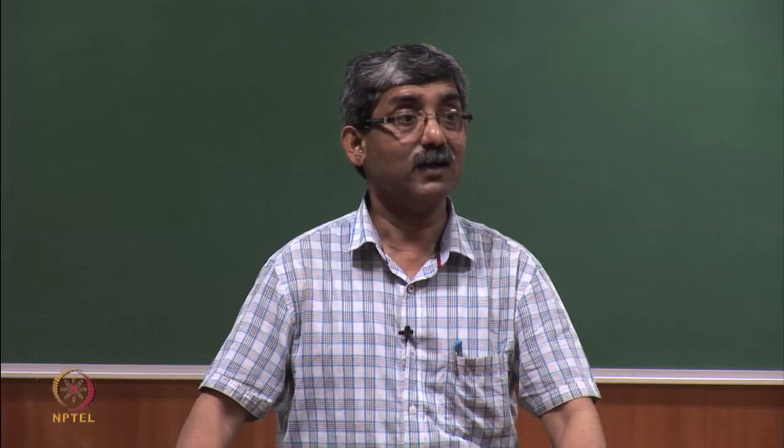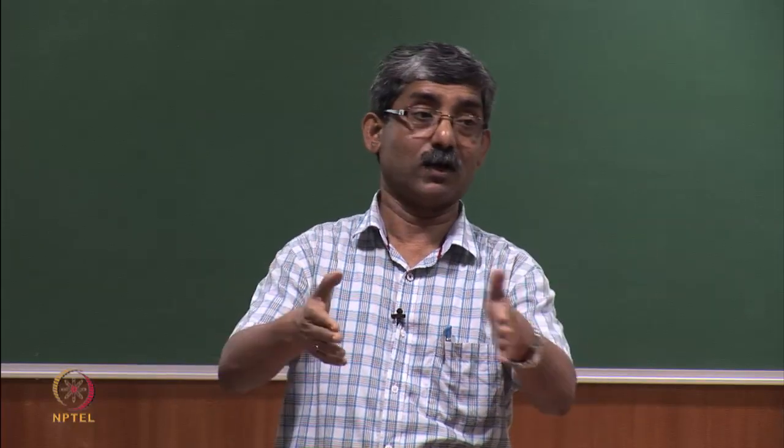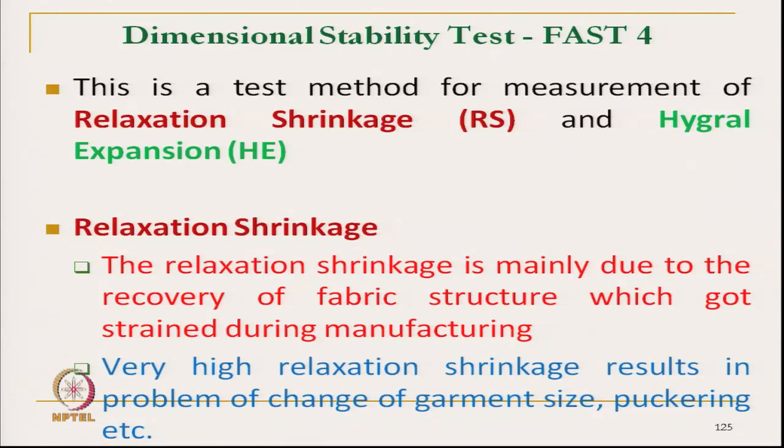Relaxation shrinkage means, after washing and relaxing, if you dry, what is the actual dimension, what is the shrinkage. It is mainly due to the recovery of fabric structure which got strained during manufacturing. After manufacturing it is strained, after that it is relaxed, and very high relaxation shrinkage results in problems of changing the size of the garment.